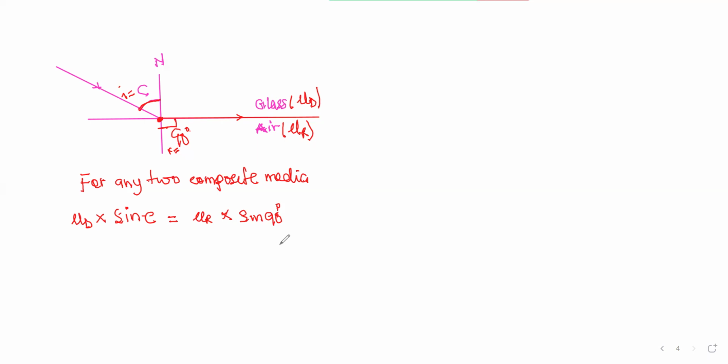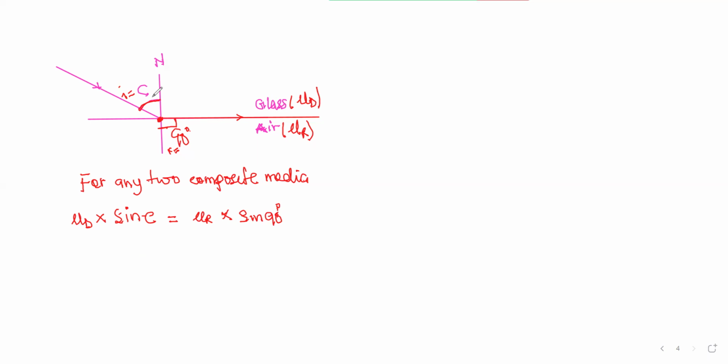So let the critical angle of the material be C. And when you are at the critical angle, Frank, what would be the angle of refraction? When the angle of incidence is equal to the critical angle, what will be the angle of refraction? Is it 90 degrees? Exactly.